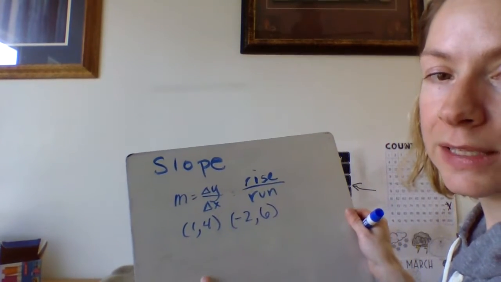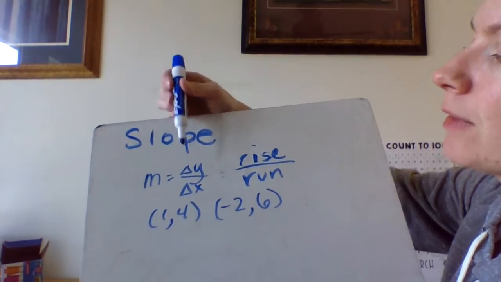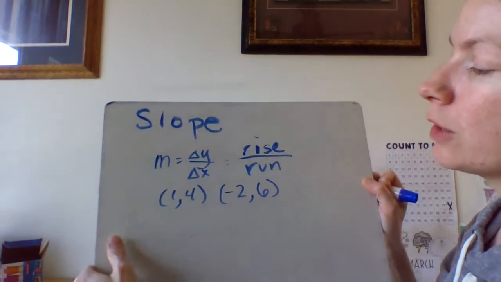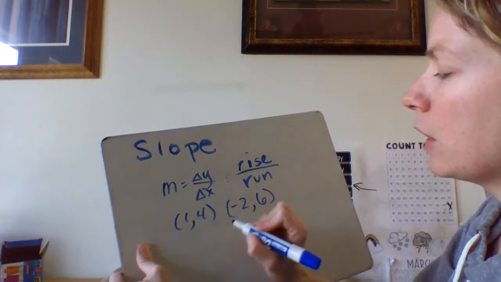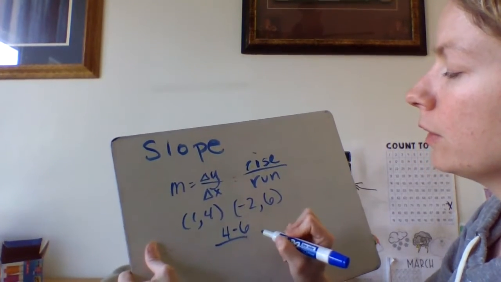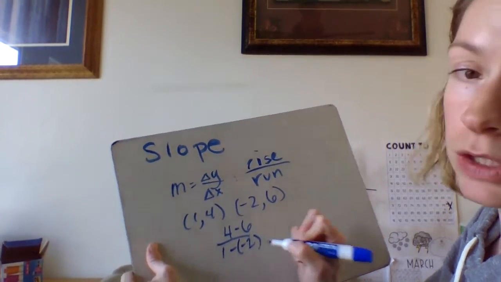If I want to find my slope between those 2 points, I've got to figure out what my change in y and my change in x are. So in order to do that, I'm going to subtract my y's and then subtract my x's. So I'm going to have 4 minus 6 all over 1 minus -2.